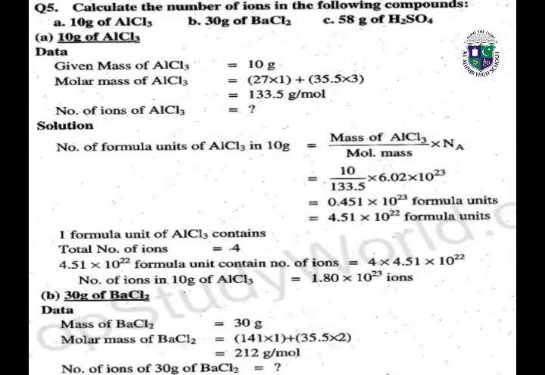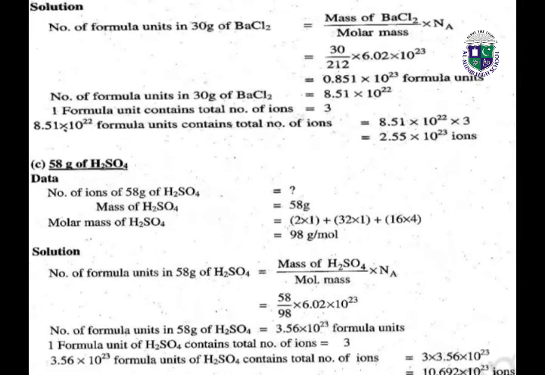Next, students, we have part B, 30 grams. The mass of BaCl2 is given, 30 grams. We can calculate the molar mass of BaCl2 separately, which is 212 grams per mole. We have to find the number of ions of 30 grams of BaCl2. So the number of formula units in 30 grams of BaCl2 is equal to mass of BaCl2 over molar mass, into Na.